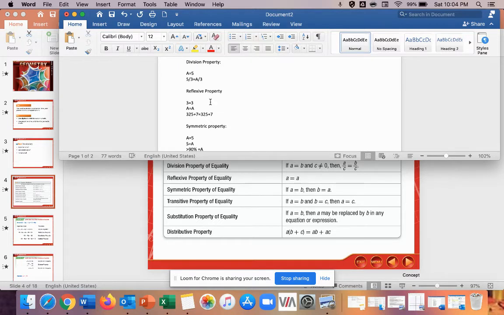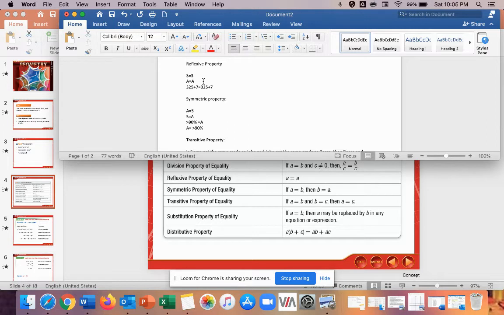All right, the next one we have is the reflexive property. 3 equals 3, A equals A, 325 plus 7 equals 325 plus 7. Essentially, whatever you have on one side, as long as it's the same thing on the other side, they're equal. It's like you've got 3 pizza boxes on the left and 3 pizza boxes on the right.